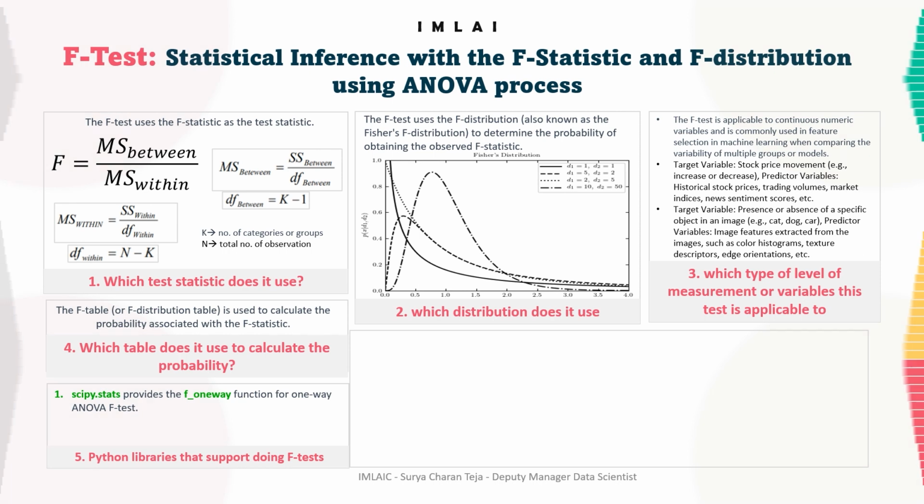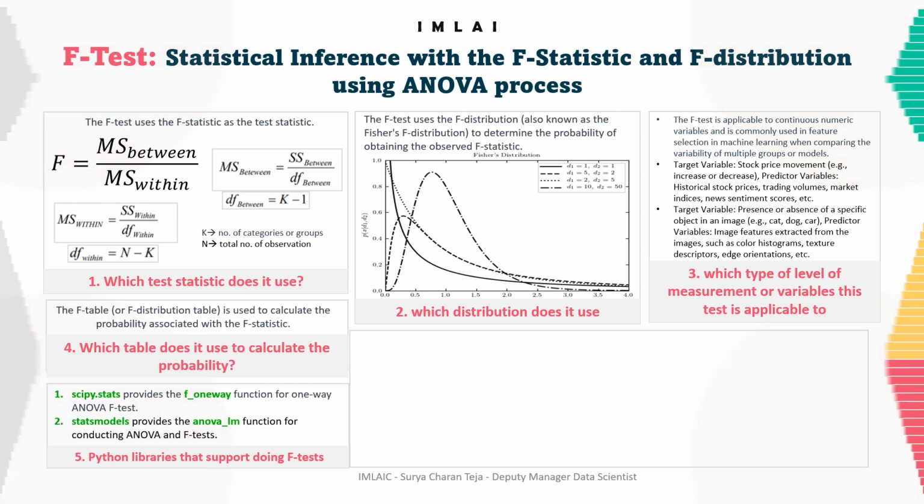Of course, we are not much bothered about the one-way ANOVA test. We are always bothered about the two-way test. So statsmodels, basically this is very important. The module statsmodels provides the anova_lm function for conducting ANOVA and F tests together, and this is what is most important for us.